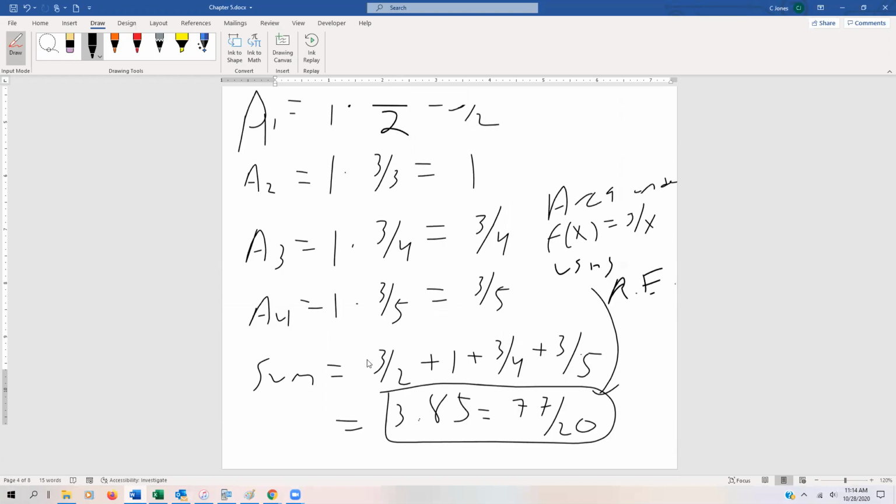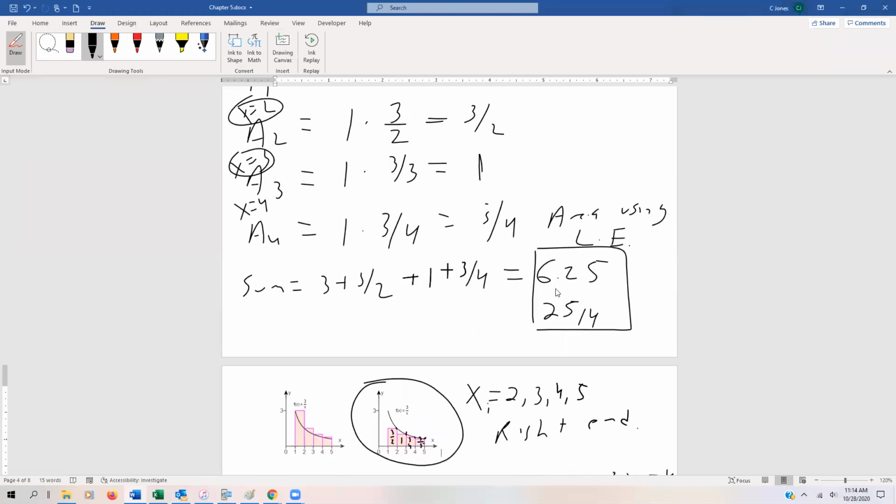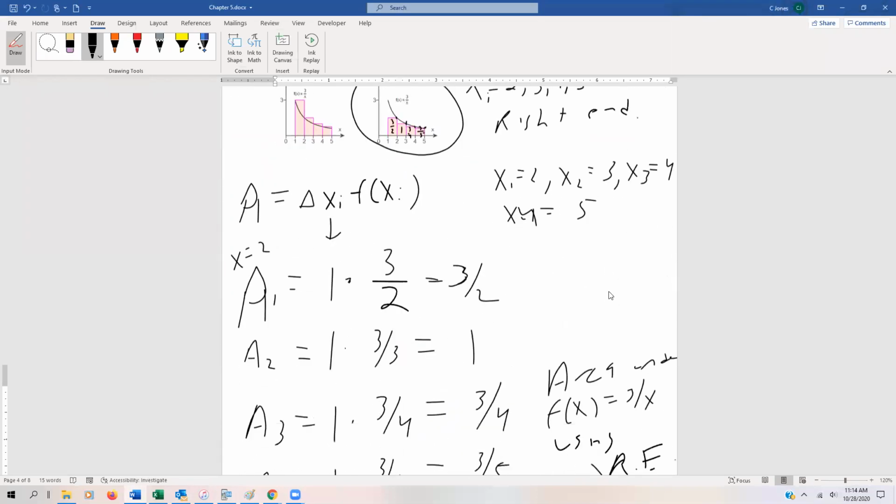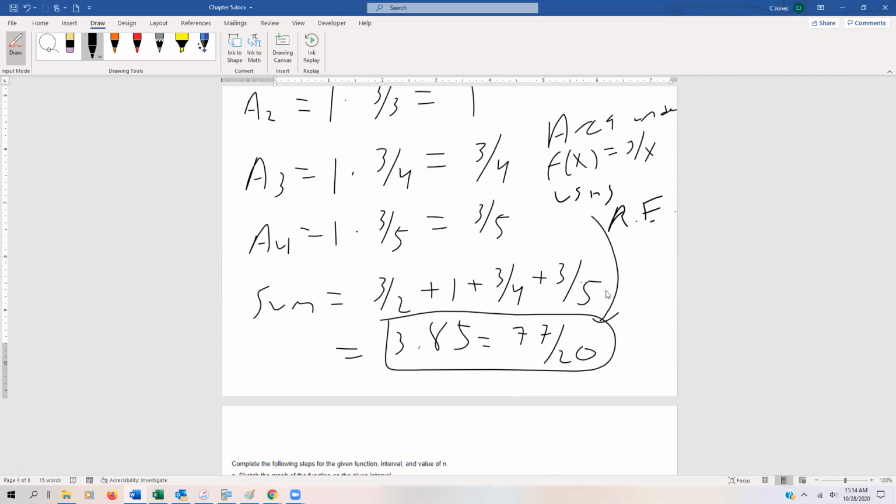Okay, so if we go back up, right? So what we can say is, just even looking at the diagrams, we know that this is an overestimate. From the previous video, remember the left-hand estimate was an underestimate. Okay, this one's an overestimate. And this is going to be an underestimate.